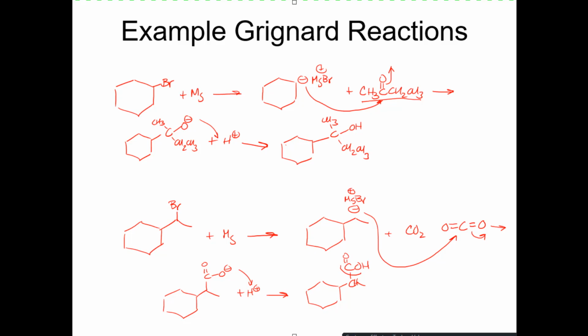As a matter of fact, even if we were to make a chiral center out of this molecule, the carbonyl isn't chiral to begin with, so the O- could add from underneath or above the plane in terms of adding to the carbonyl, so we would get a racemic mixture. In organic chemistry, in order to make one enantiomer over another, you need to have a chiral reagent. In this case, we don't. So I don't want to leave the impression that there's stereochemistry here, because there is not.